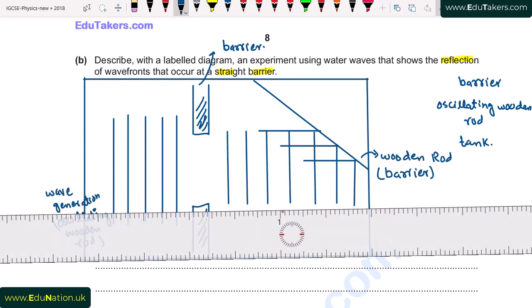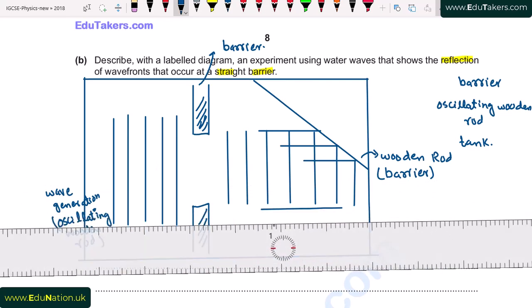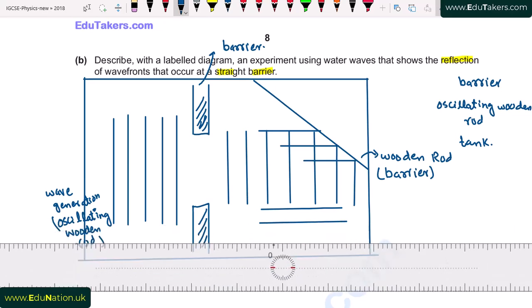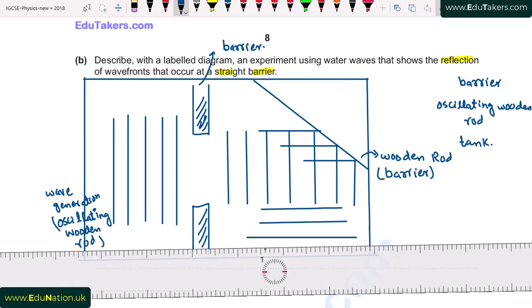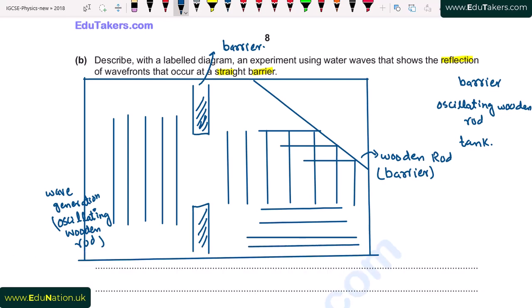So in this way we can generate the reflected water waves. All of these are reflected waves, while these are incident waves.